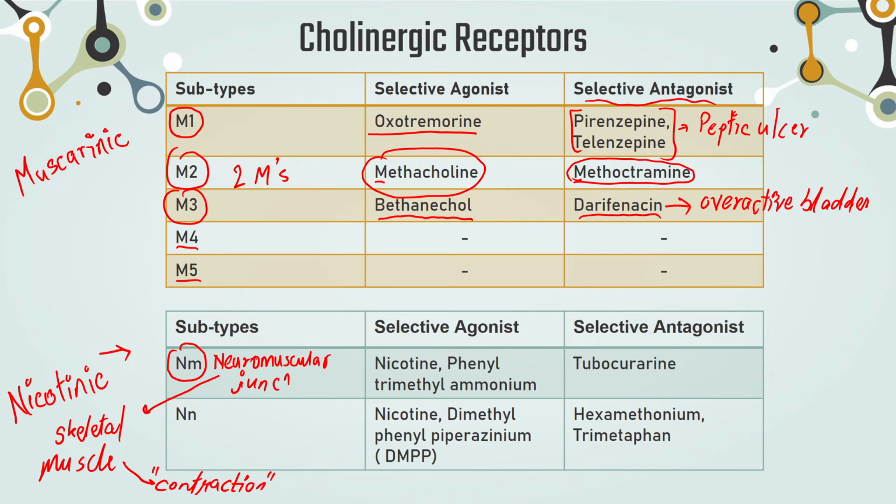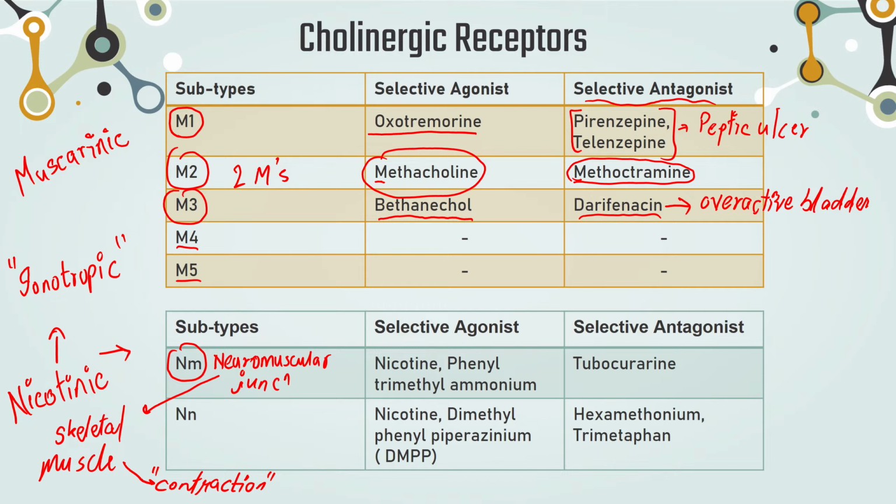What are the selective agonists of the NM receptor? Remember, the nicotinic receptors were ionotropic. So stimulation of these receptors will result in a change in the action potential of whichever cell they are in.